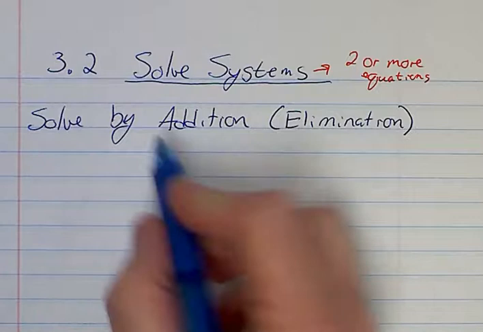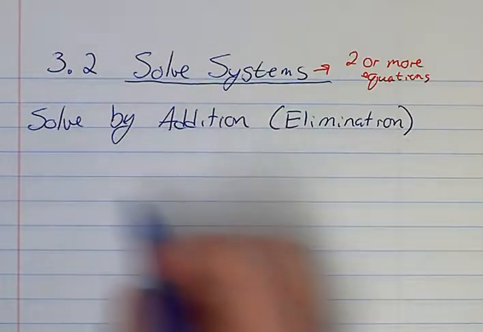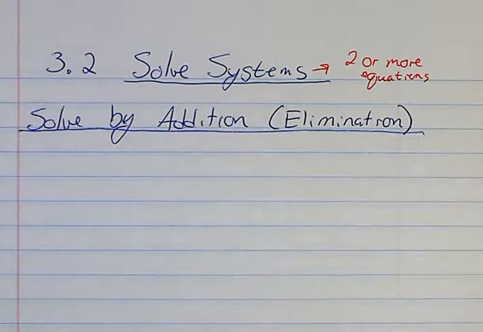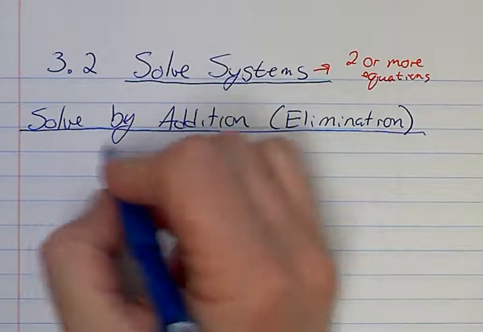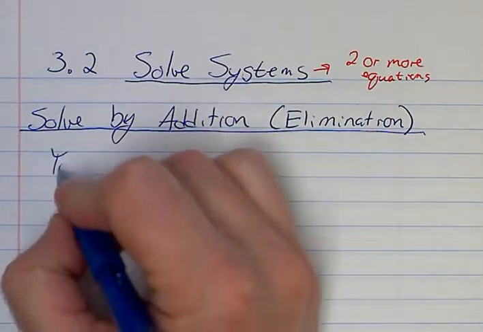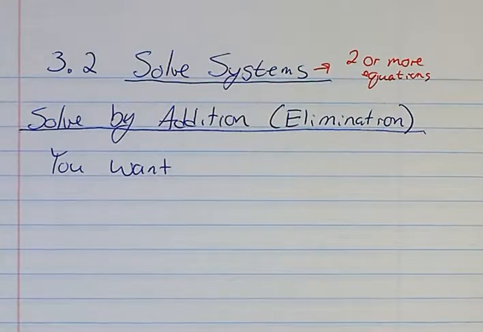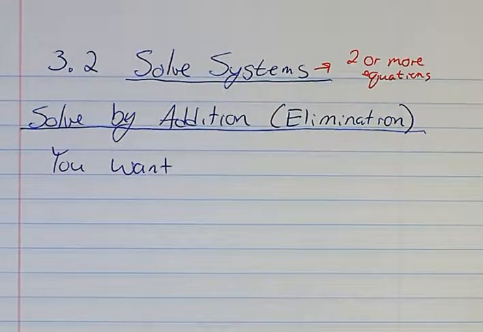The first thing on this one, when you're solving by elimination, really what we're going to do for this thing is tell you what we're looking for, and then we'll give you the steps on how to get there, and kind of go from there. Here's the big thing when you're solving by elimination or addition method. And this is more of what you're looking for, so this isn't really a step, it's more of just kind of, this is what you're trying to make these things out to be.